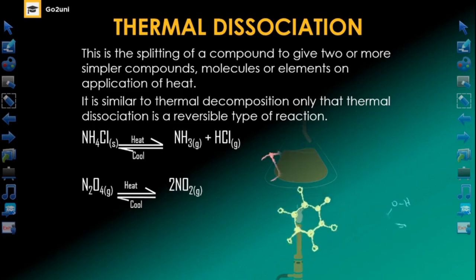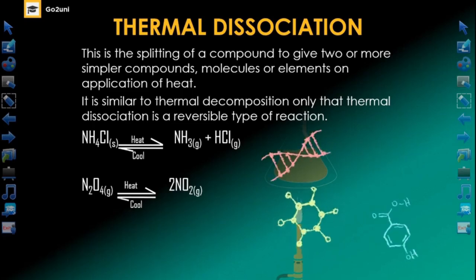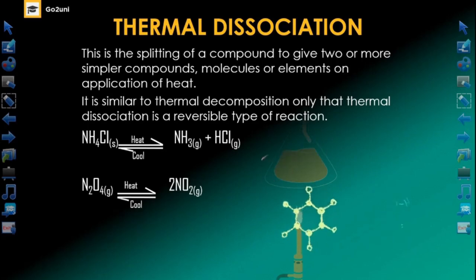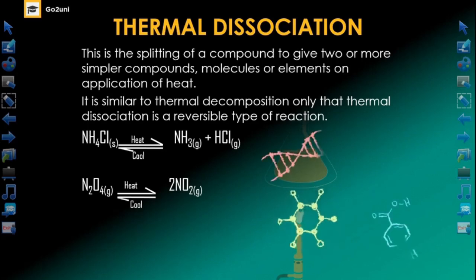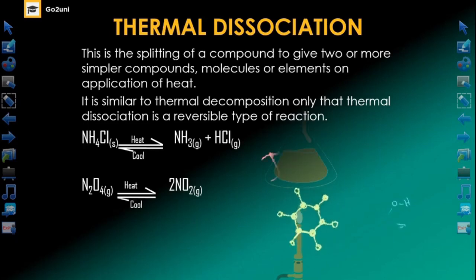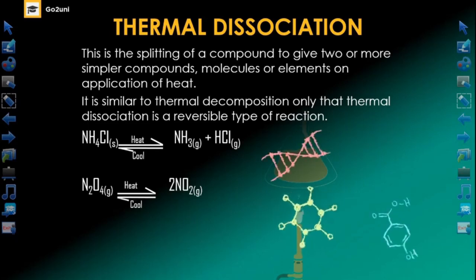So the reaction can either go forward or sometimes reverse backward, as the case may be, depending on the temperature of the reaction. So, saying thermal dissociation, that brings us to the end of types of reactions in chemistry.